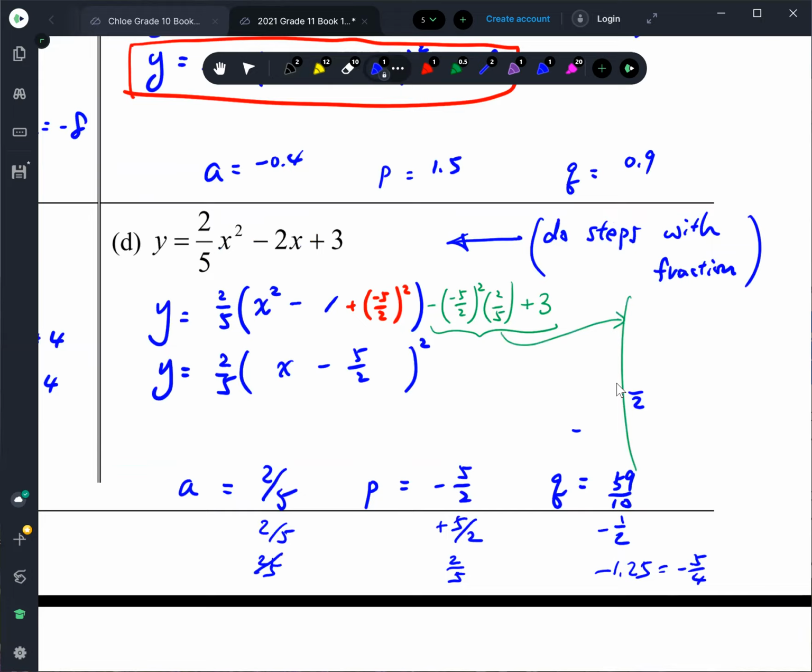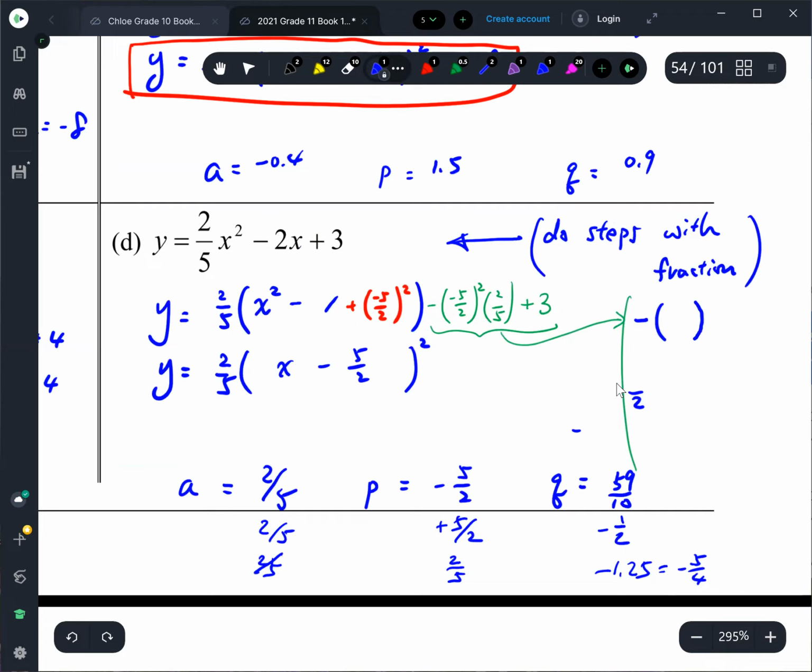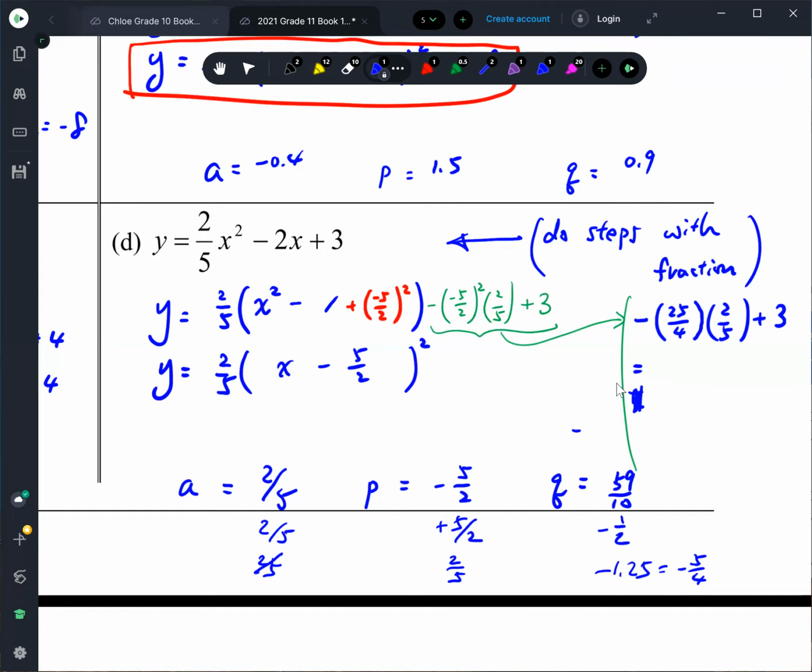So subtract the whole thing squared, right? The square is going to make everything inside positive. So it'll be 25/4. Okay, you need to know your fractions. Just do everything in fractions. And then when you multiply those two fractions together, it's still going to be negative because the minus just stays there.